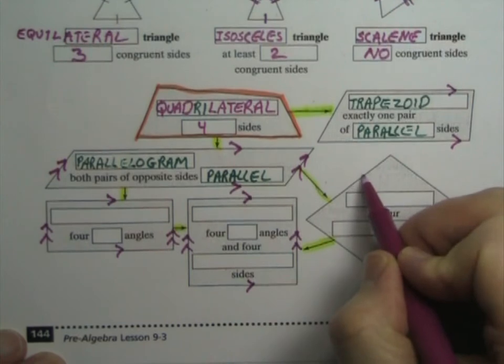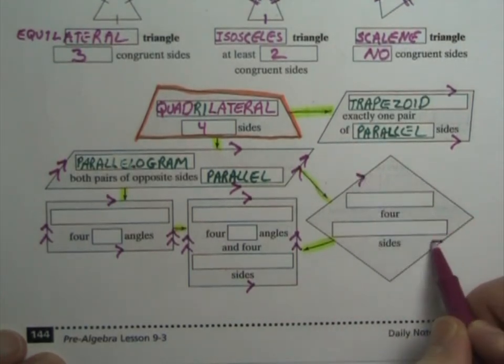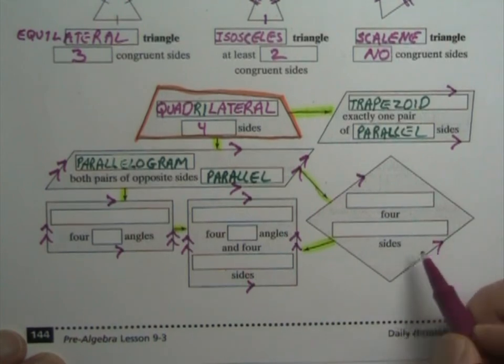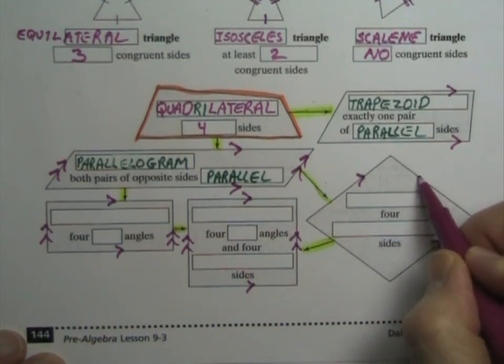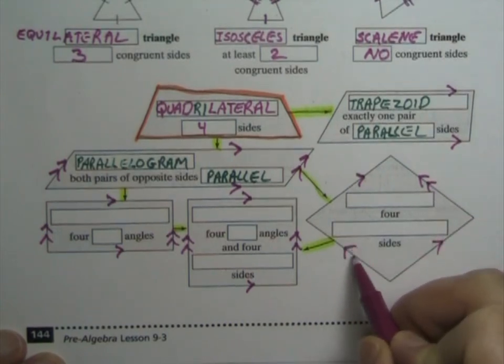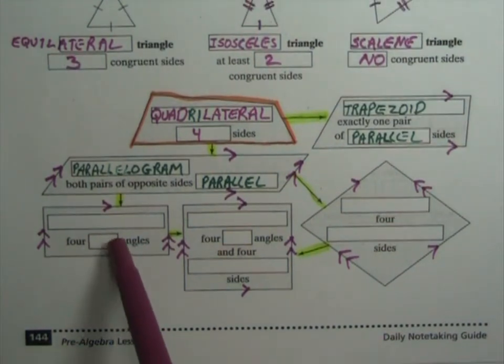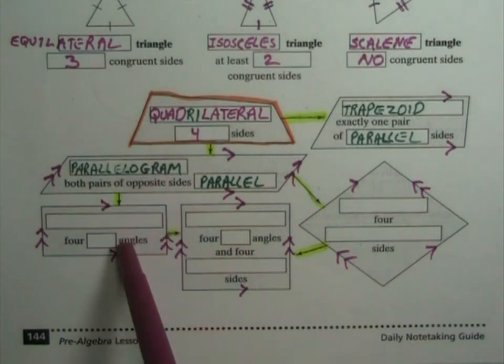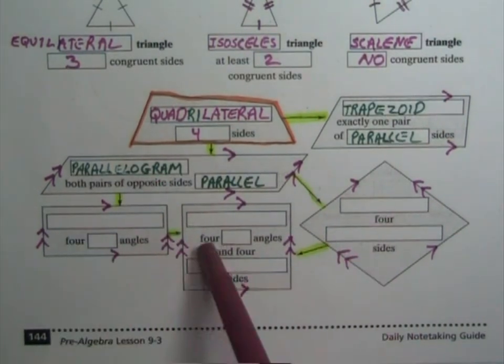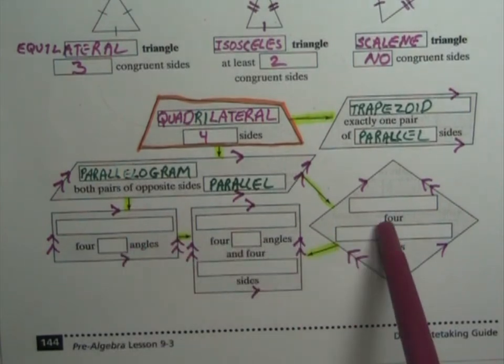Same thing over here. This one is parallel to this bottom here, and then these other 2 are parallel with each other. So again, these 3 are part of the parallelograms. They're just special types of parallelograms.